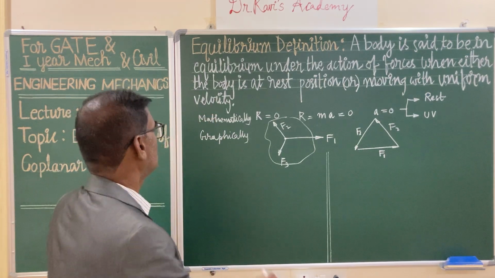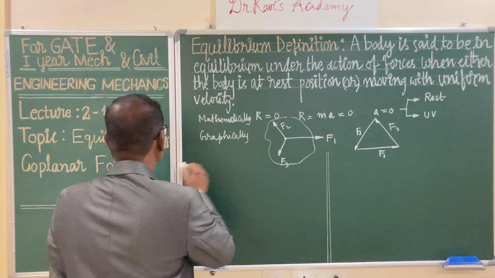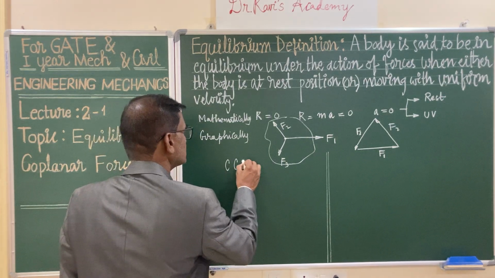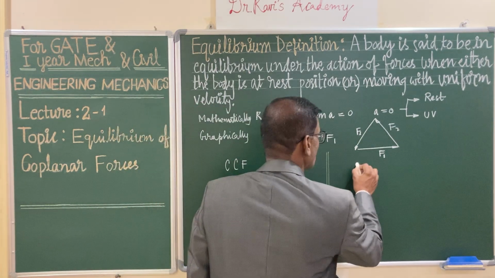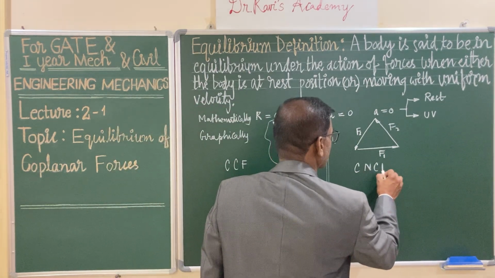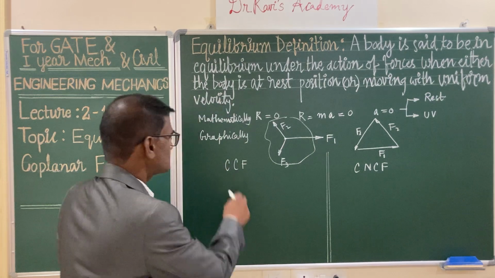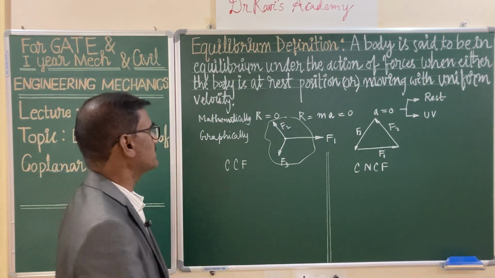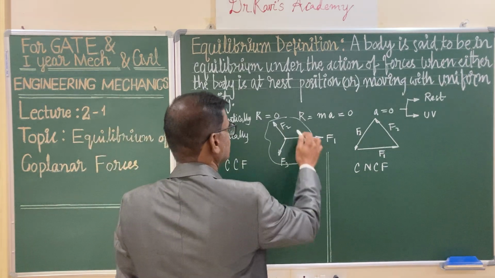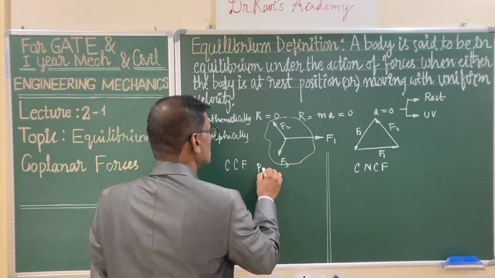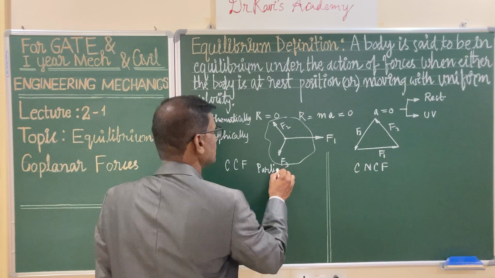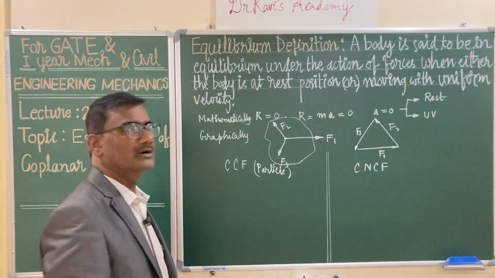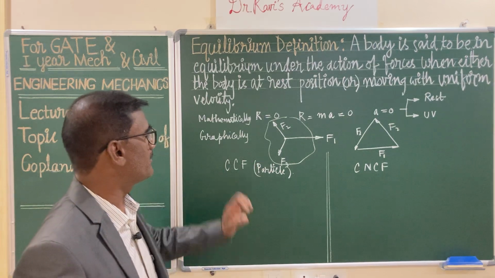Let us look at this. As you know, you have coplanar concurrent forces as well as coplanar non-concurrent forces. Concurrent means all the forces are lying in a single plane and all are meeting at a point. This is similar to the analysis of a particle, where hypothetically the rigid body is reduced to a particle.